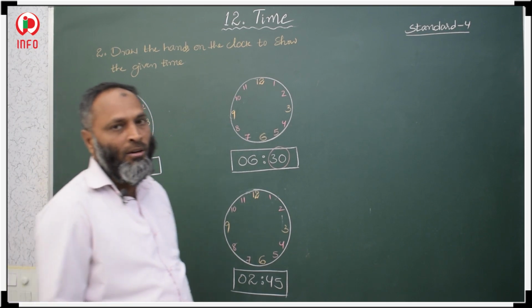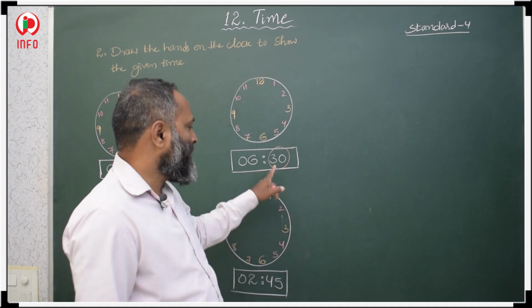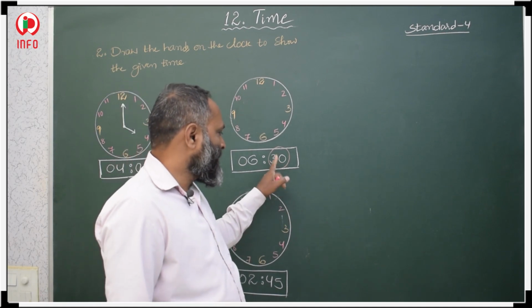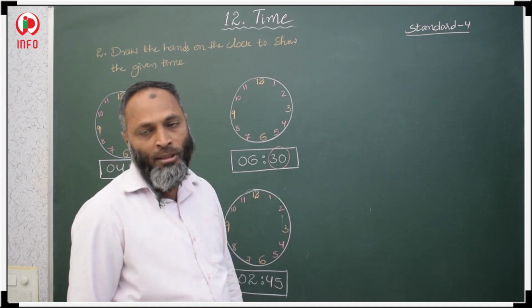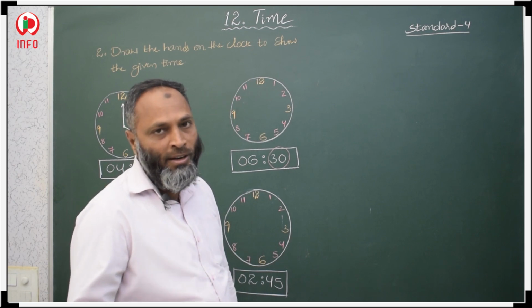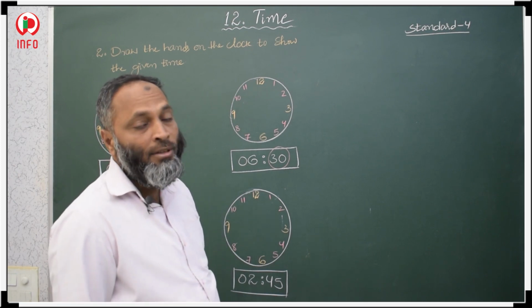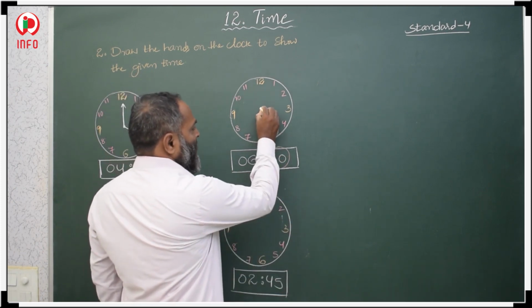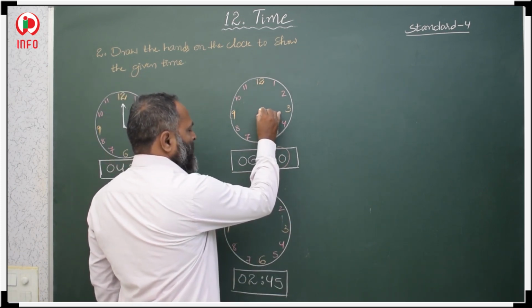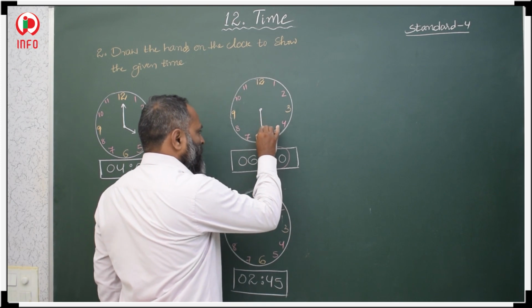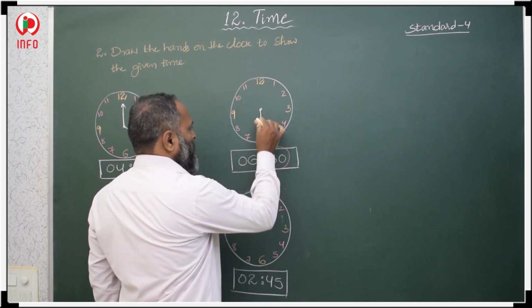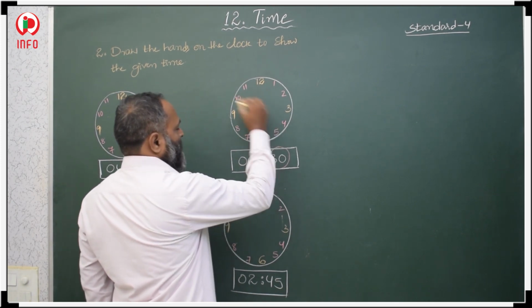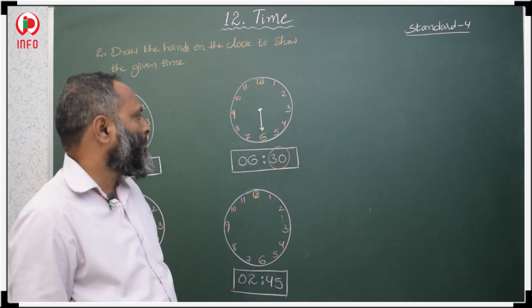Minute hand means the longer hand. First we have to check where this 30 will come in the 5 table. In the 5 table, when do you get 30? 5 6s are 30, so our minute hand is at 6. This is our minute hand.